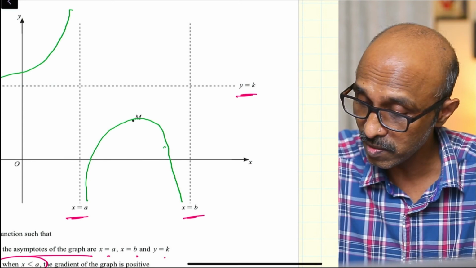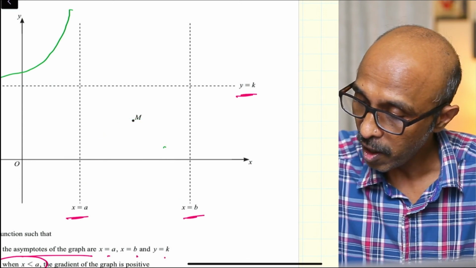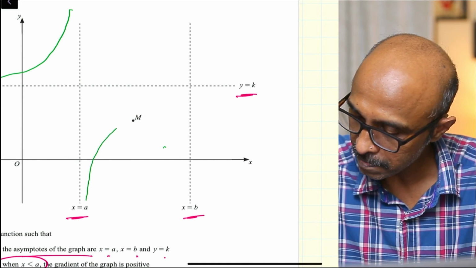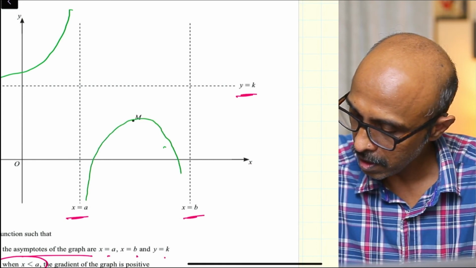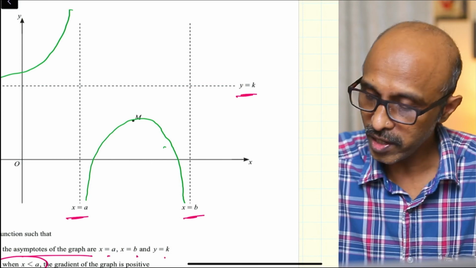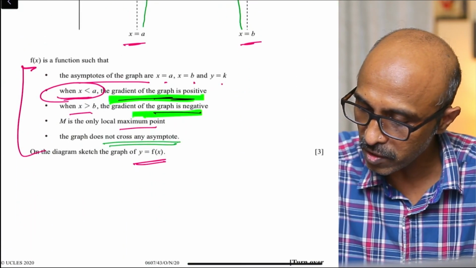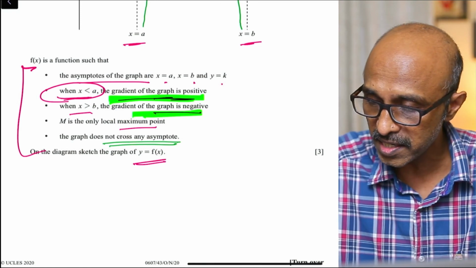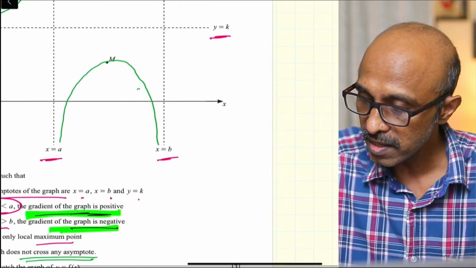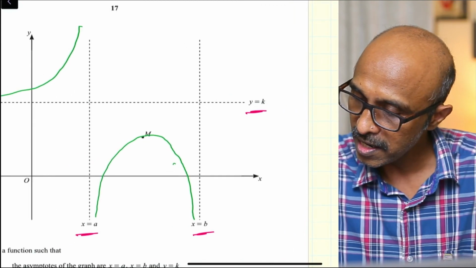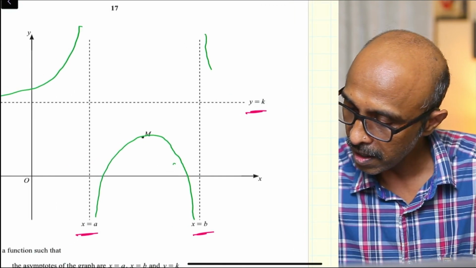Let me see how best I can do. So I go this way. That's better. Okay. And the third part, it says that for values of x after b, on the right hand side of b, the gradient of the graph is negative. That means the function is decreasing. That's b, and decreasing, and it cannot cross again. It must be something like this.